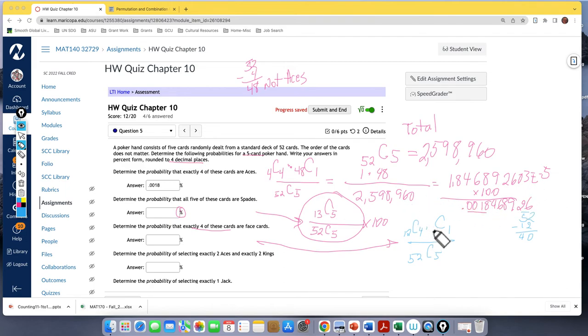Okay, so that's what we're choosing from. So again, you'll calculate 12, choose 4, and then you'll multiply it by 40, choose 1, and then you'll divide it by 52, choose 5. So you kind of, like we did up here, get all the numbers. And again, since they want the percentage, you multiply by 100 with all of these.